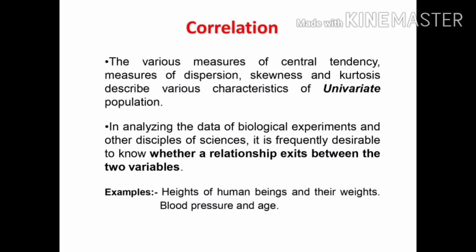Then, the various measures of central tendency, measures of dispersion, skewness and kurtosis describe various characteristics of a univariate population, and we can use these methods for summarizing a single set of data.